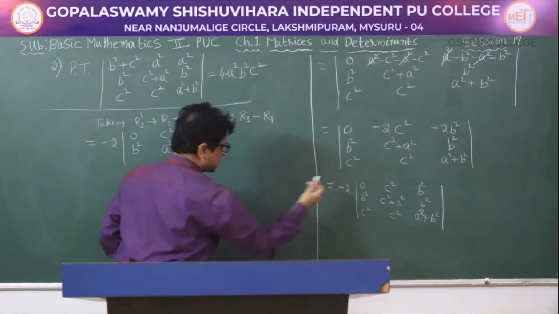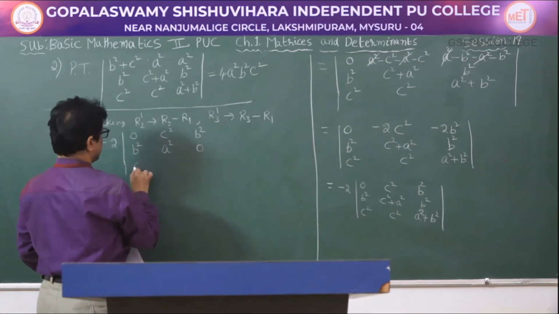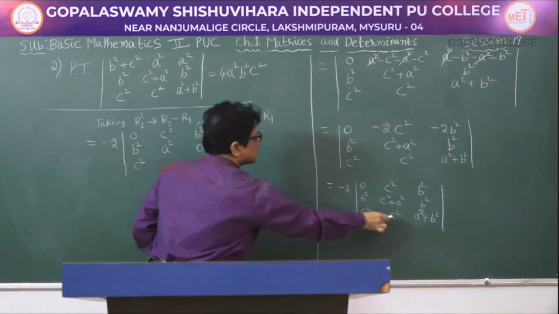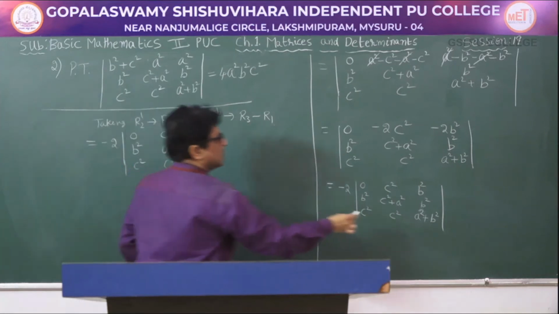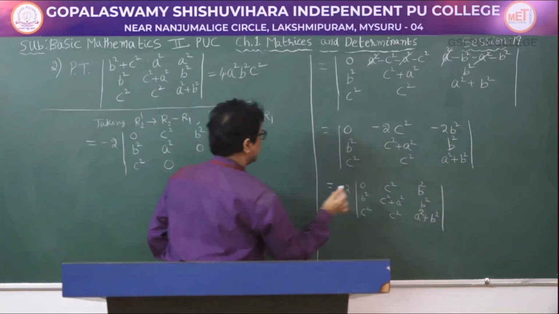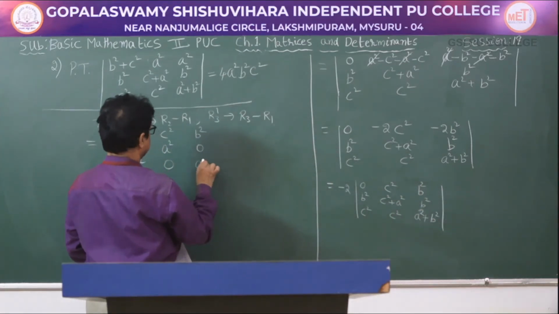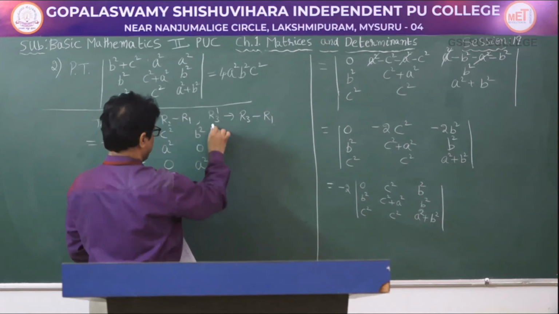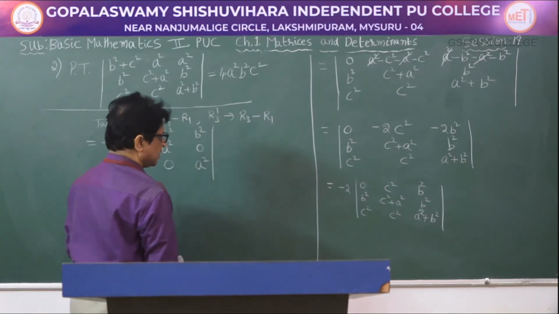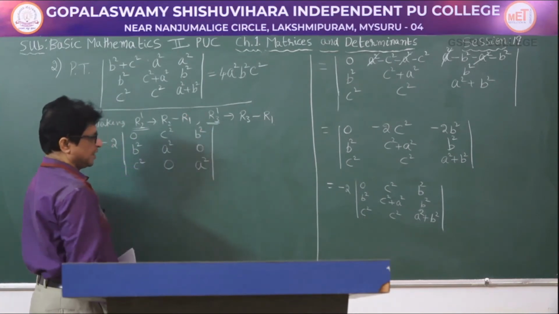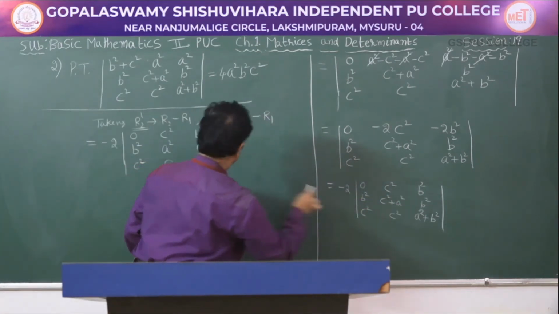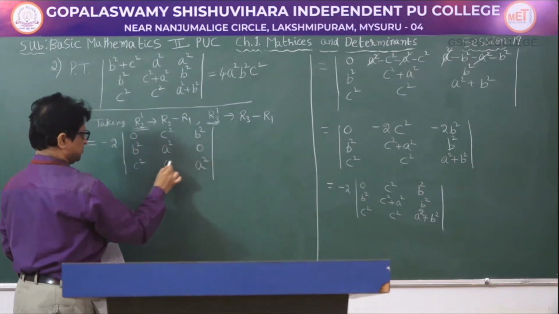So c square minus 0 is c square minus c square is 0, a square plus b square minus b square, we get a square. See, by using these two operations we get two zeros here.